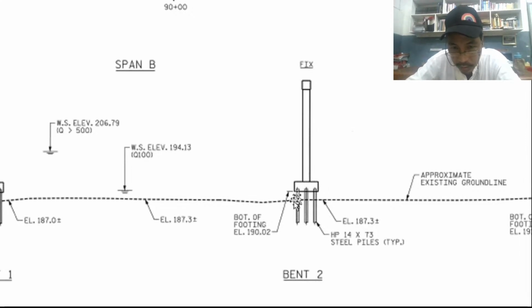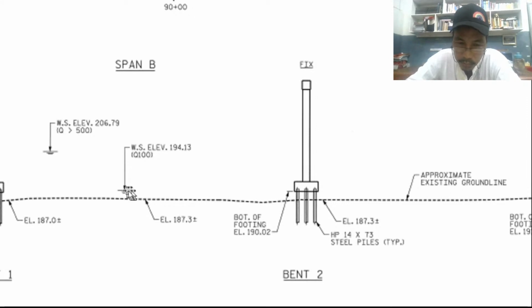This is the bottom of the footings, and this is the existing ground line. Existing ground level is at elevation 187.3 plus minus.